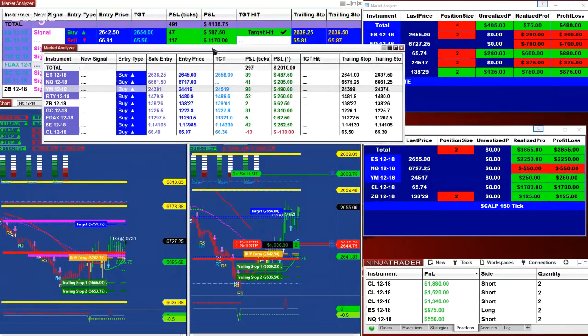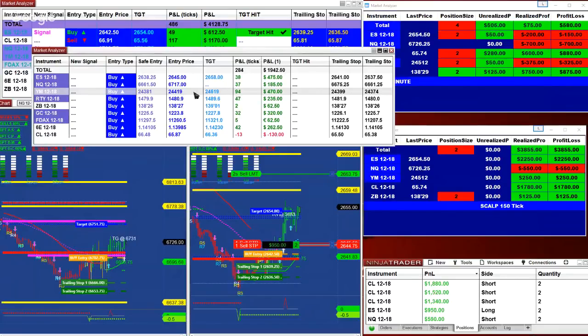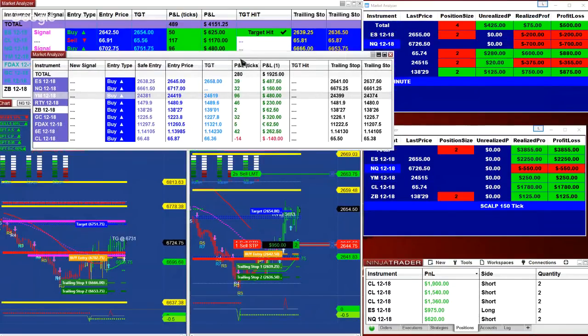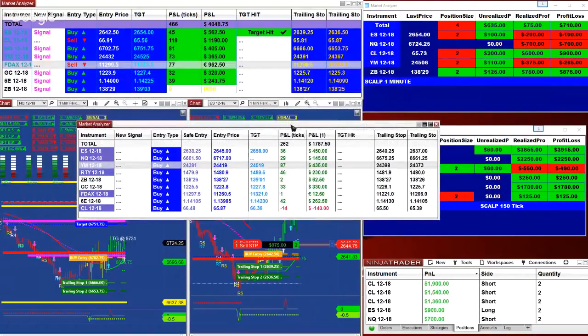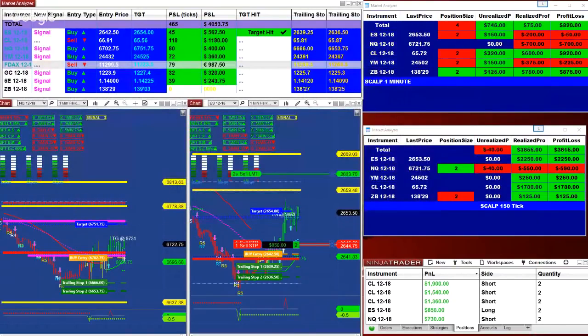This one here is based on 1 minute, the white one, and the one you're looking at right now is based on Hakanachi. So this is something we need to look at. We are looking at the Hakanachi 1 minute, but still the market analyzer is based on one contract and 1 minute.